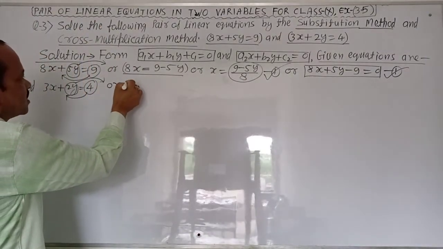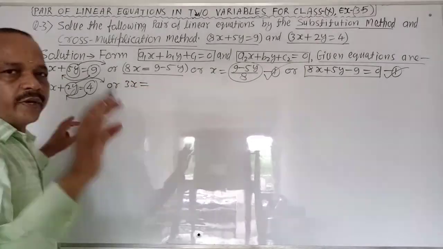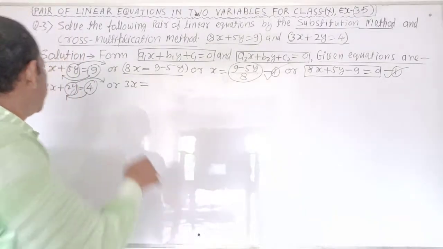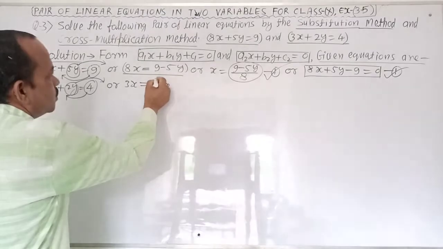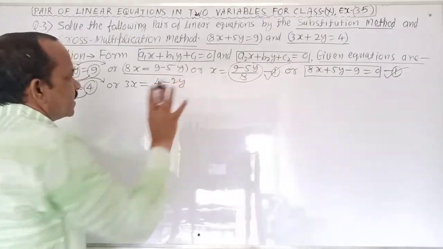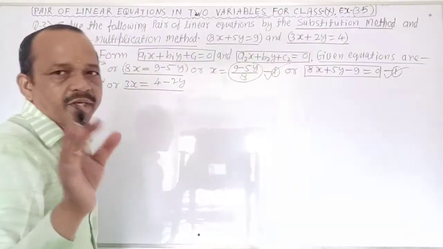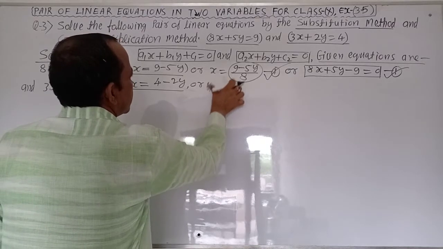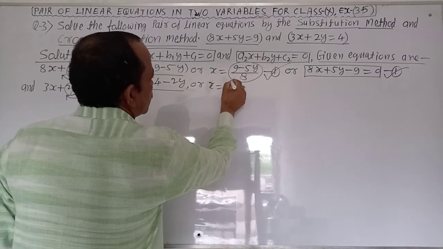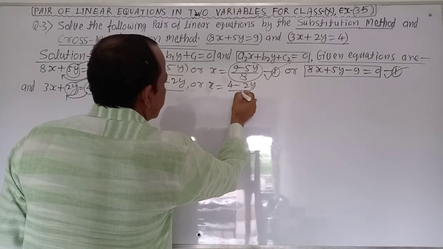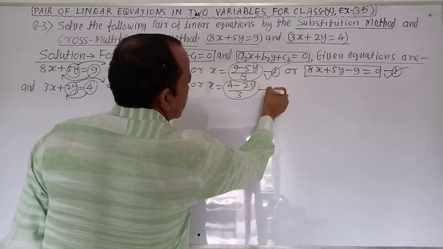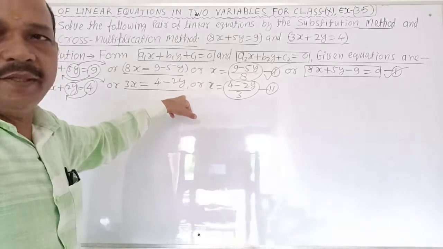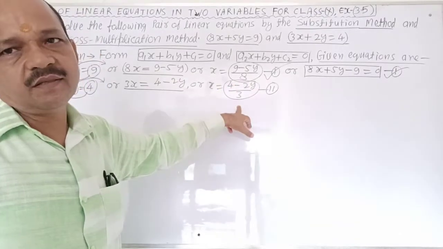Or 3x equal to, when you write 2y on the right side of equal, then it becomes 3x equal to 4 minus 2y, or x equal to 4 minus 2y by 3. Equation second. 3x equal to 4 minus 2y, x equal to 4 minus 2y by 3.